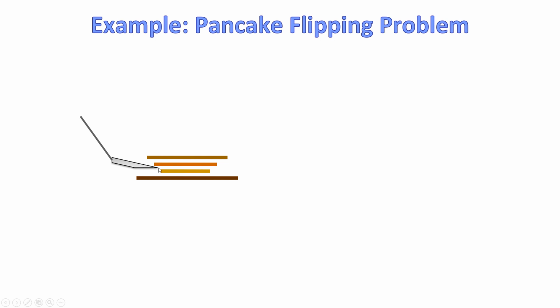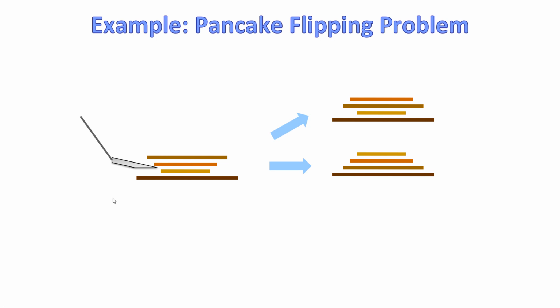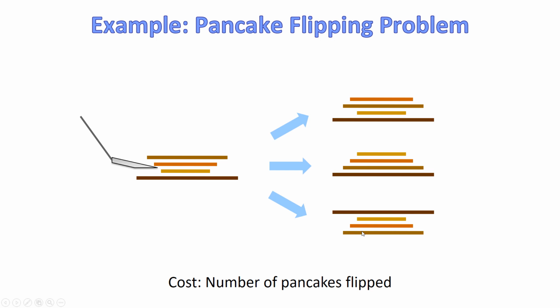So if we use the handle to flip at that position, then we will reach that state, because it will flip the top pancakes. If we do it at the third position, we get into that, and if we do it below the largest one here, we'll get to that state. We mentioned that the cost will be the number of pancakes that we flip in each step.